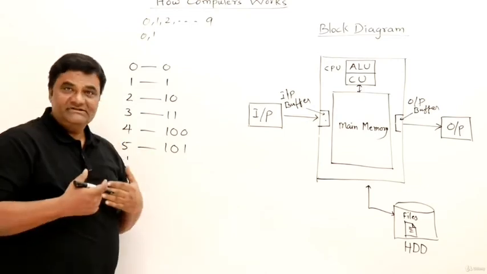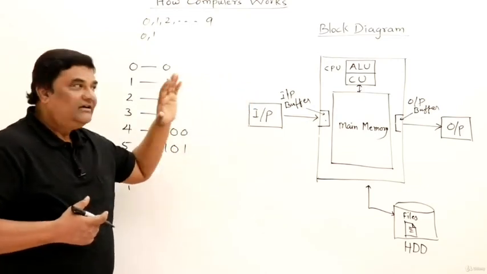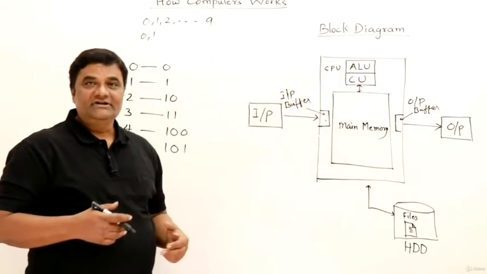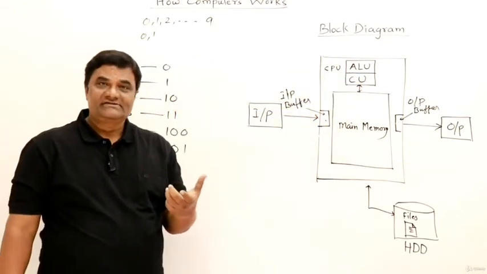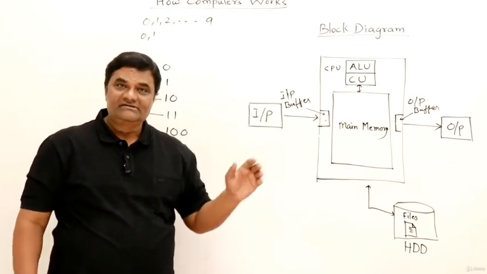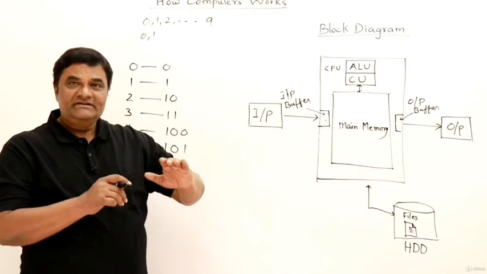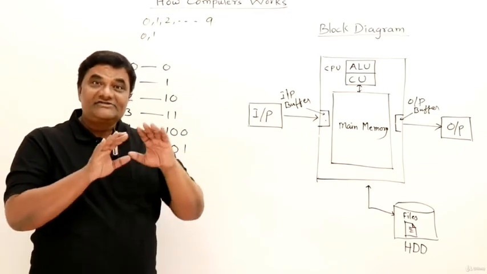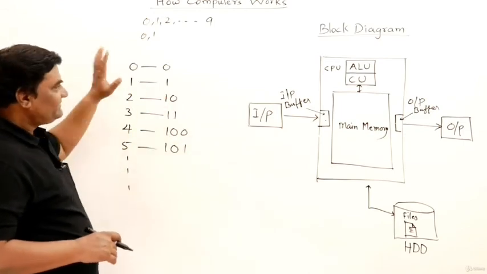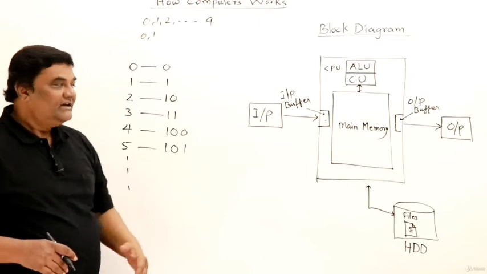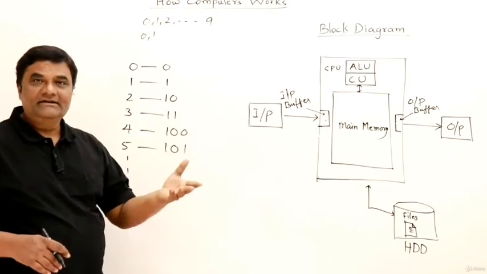Now, we understand that this CPU, or the arithmetic and logical unit, performs operations. It knows the instructions, it knows commands, like 0 means add. Suppose, assume that 0 means add two numbers, 1 means subtract two numbers, 2 means multiply them.